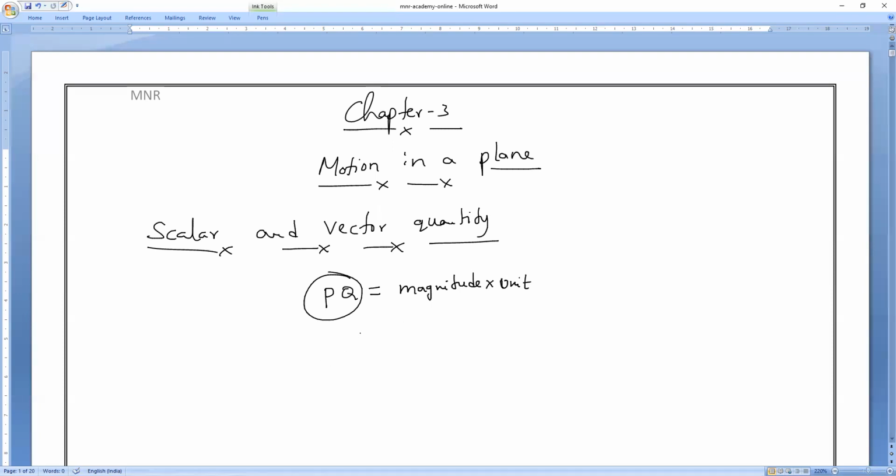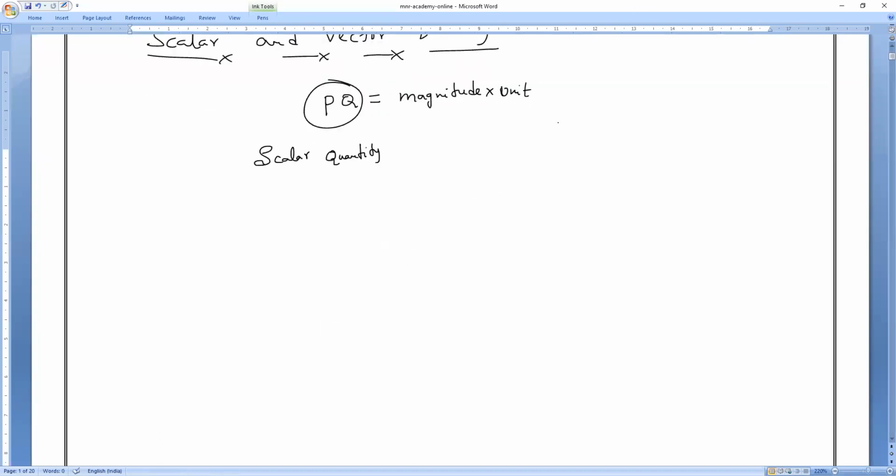Let me take the scalar quantity first. For example, if I have done 10 joules of work, I will simply say the work done by me is equal to 10 joules.